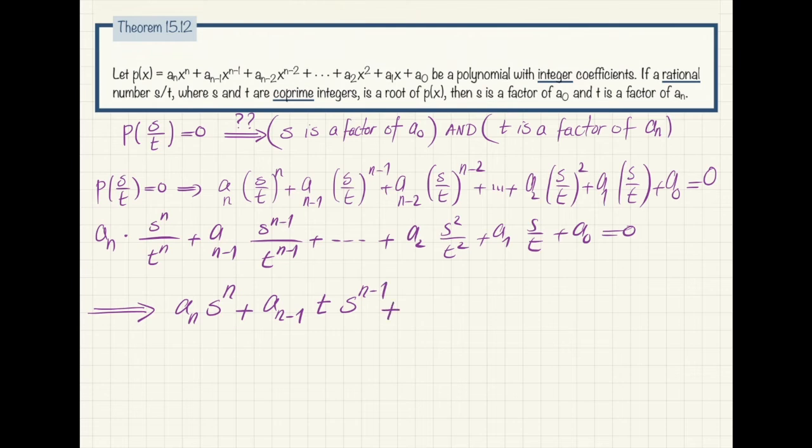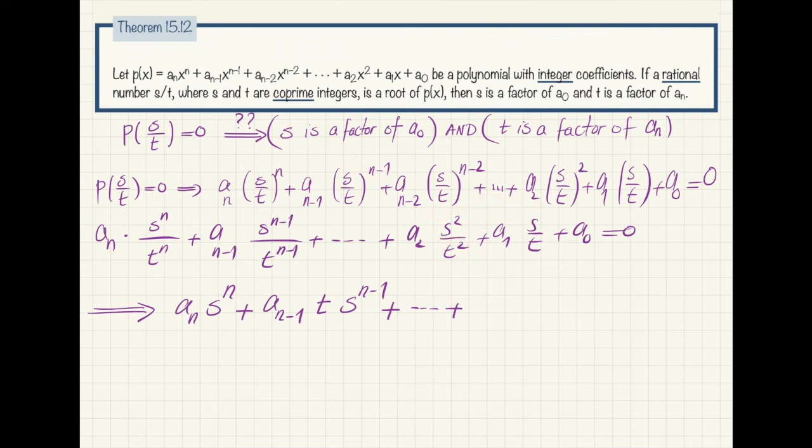The next term, I continue. If I multiply this by t^n, t^2 and t^n will be simplified, t^(n-2) will be left, and then I have s^2.